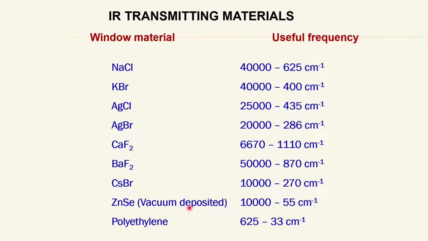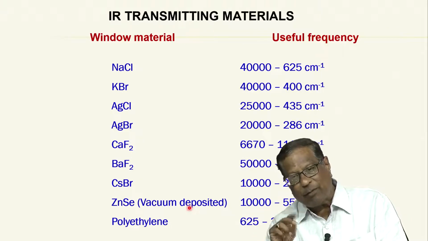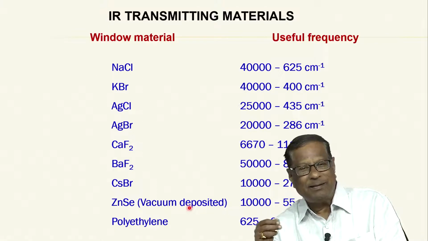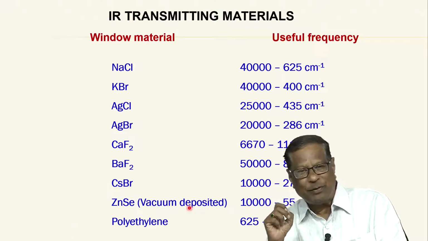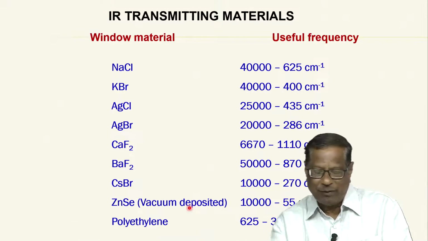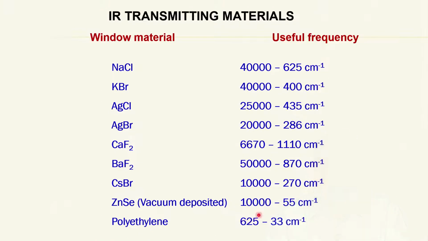In vacuum deposited cells, normally what happens is the deposit wears off after some time, by frequent handling, etc. The quality of the deposit goes down. So, it is not very ideal, but people do use them for accurate work. And polyethylene of course is quite good, from 625 to 33 centimeters inverse.